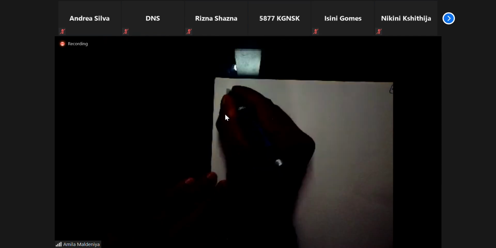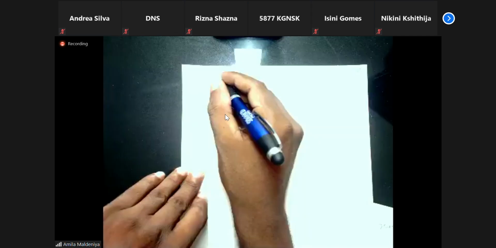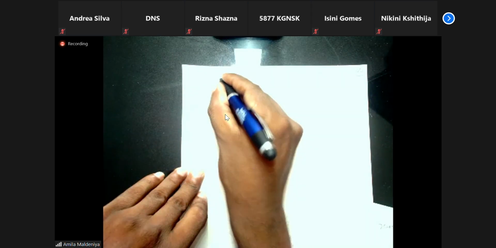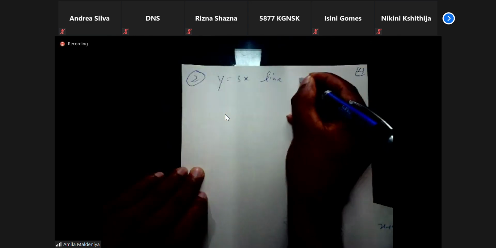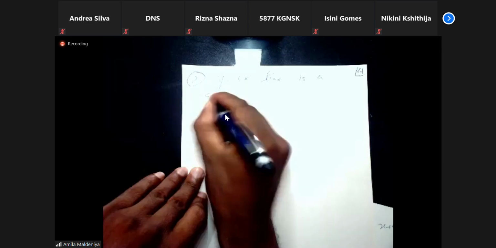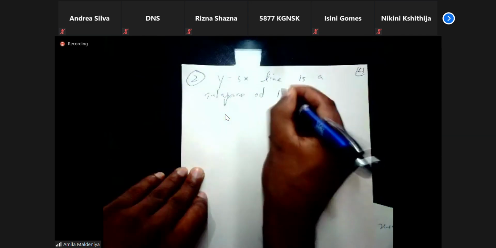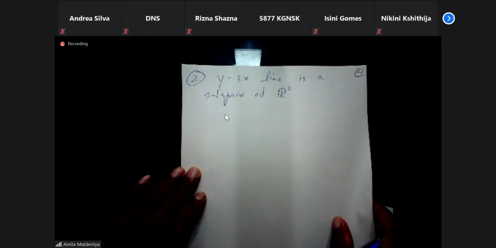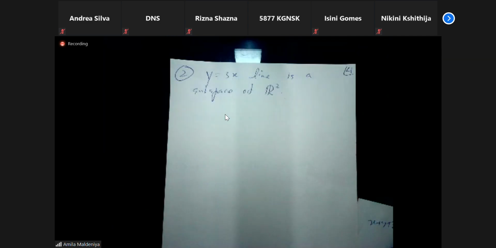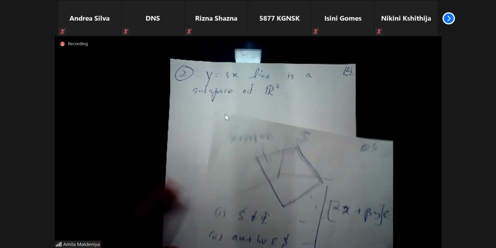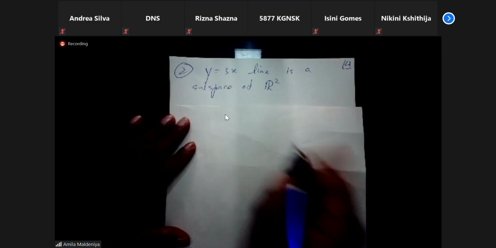Second one: prove that the line y equals 3x is a subspace of R2. The previous one was for R3.